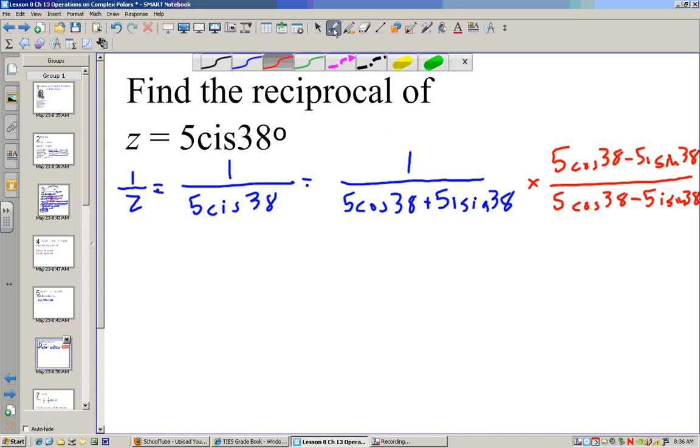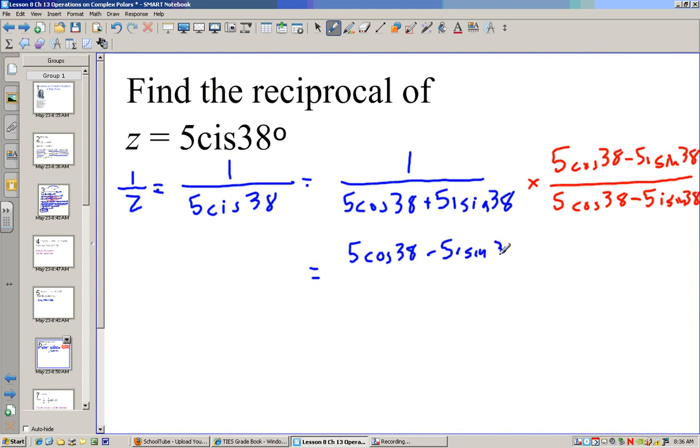And let's see what our answer becomes. Our numerator is easy. 1 times that is just the numerator, 5 cosine 38 minus 5i sine 38.